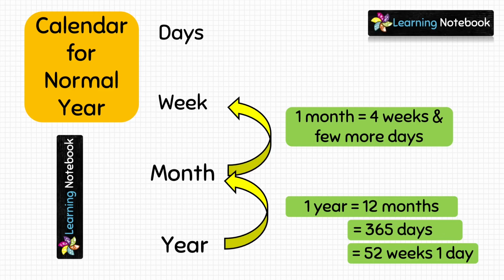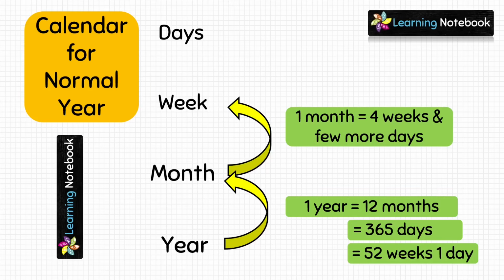Because 1 month has either 30 days or 31 days. So a month can have 4 weeks and 2 days or 3 days depending upon the number of days in that month.